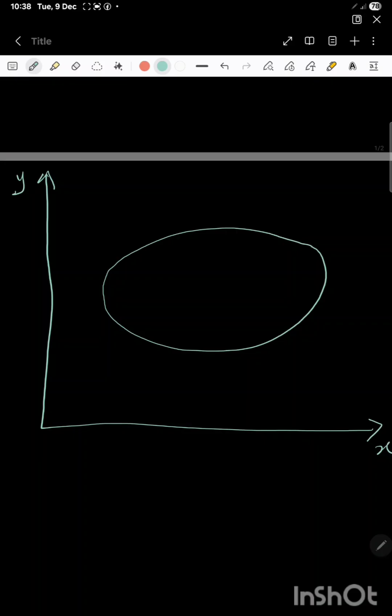Now for Green's theorem, what we are trying to look at is a particle which can move from one point to the other, hovering around this conic section that I've drawn. So we are looking at a particle that can move from point A to point B to point C to point D, or I can say point A to point P to point B to point Q, like that.